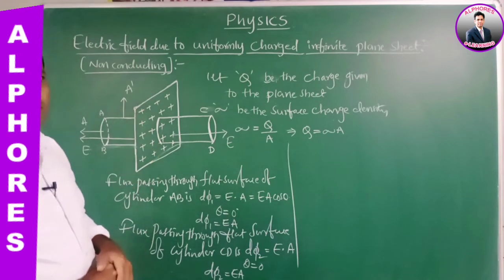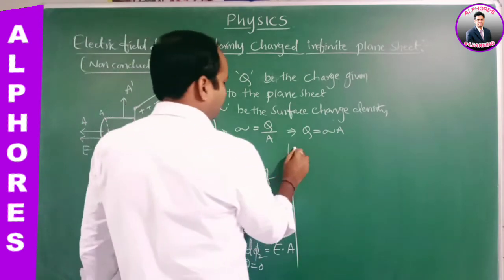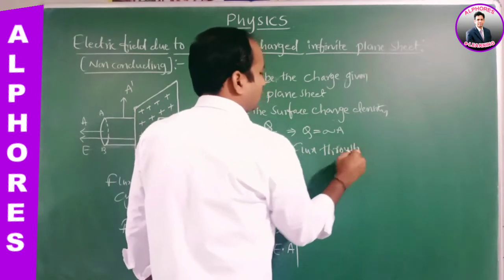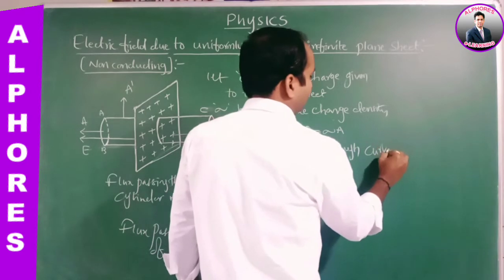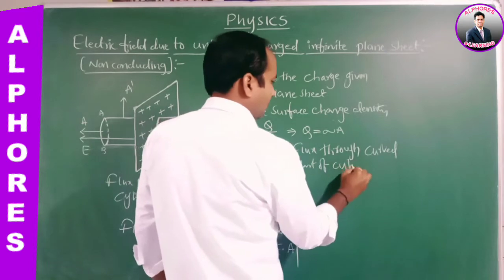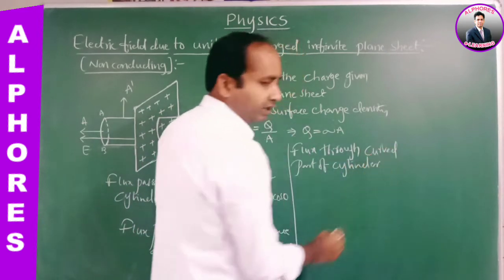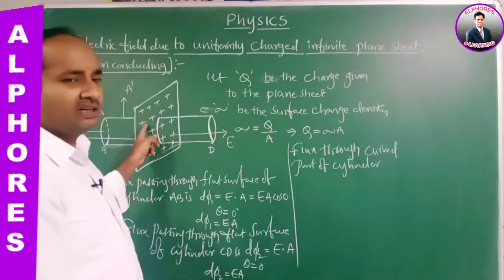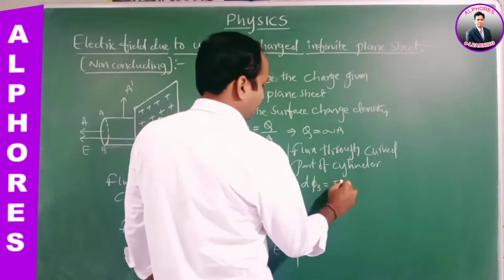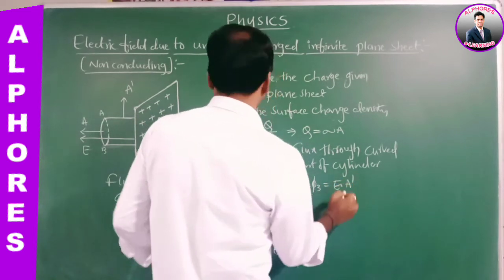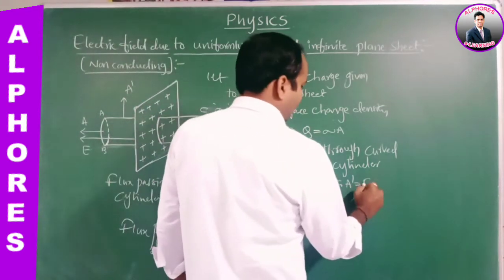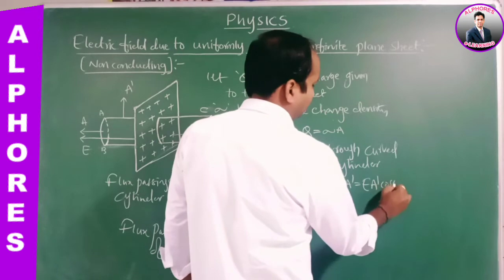Now calculate the flux through the curved part of the cylinder. Let it be d phi 3. d phi 3 is equal to E dot A dash, where A dash is the area of the curved part of the cylinder, which can be written as EA dash cos theta.